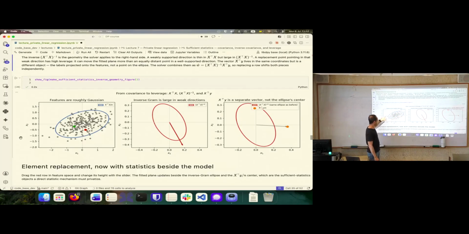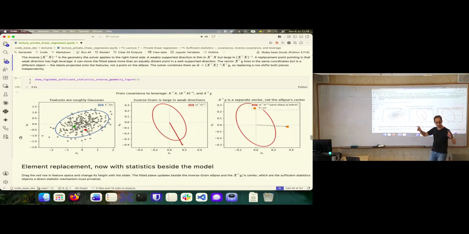This ellipse is the way we visualize its covariance. But we don't use x transpose x in the final expression. We use its inverse. So what does it mean? The inverse of the matrix becomes larger in the direction that was previously smaller and smaller in the direction that was previously larger.